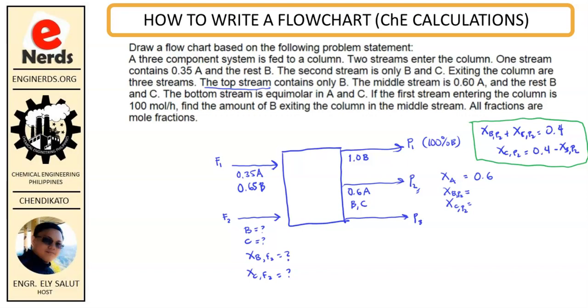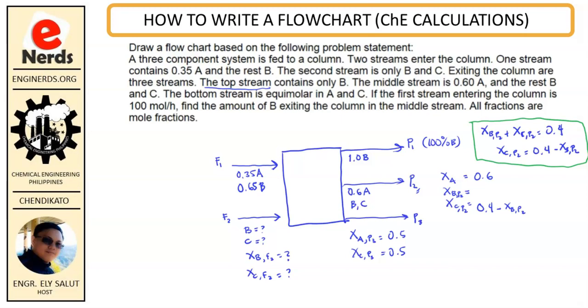So that means we have here XA in P3 is equal to 0.5 and XC in P3 is equal to 0.5. So, I forgot to write yung value natin dito. So, I'll just write 0.4 minus XB in P2.